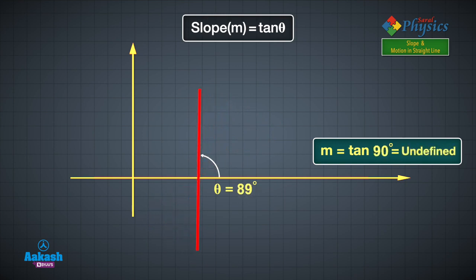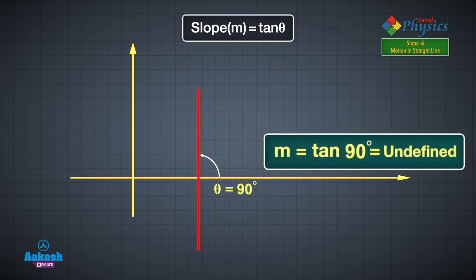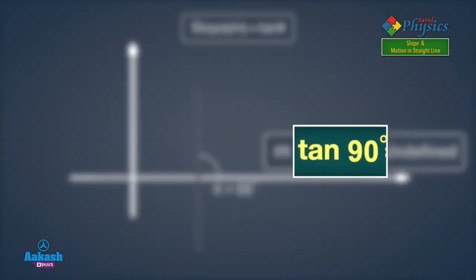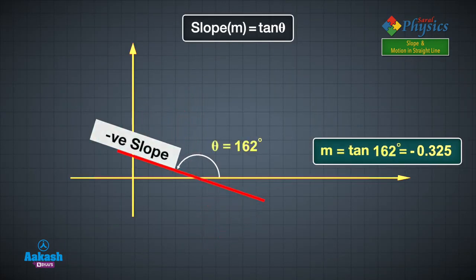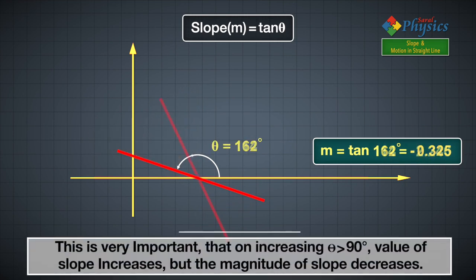Now when theta becomes 90 degrees, we can say slope of the line is not defined, as tan 90 is not defined. On further increasing the angle theta, slope of the line now becomes negative. This is very important: on increasing theta, the value of slope increases, but the magnitude of slope decreases as the steepness of the line decreases.